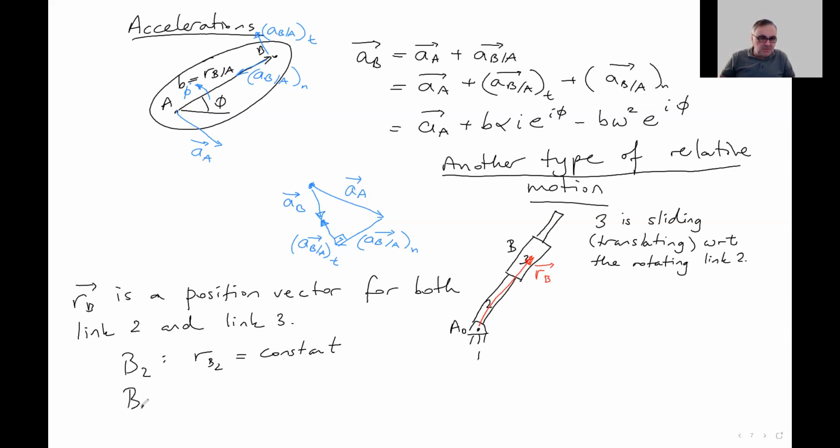But for B3, RB3 is variable because its position changes. B2 and B3 are different things, okay?